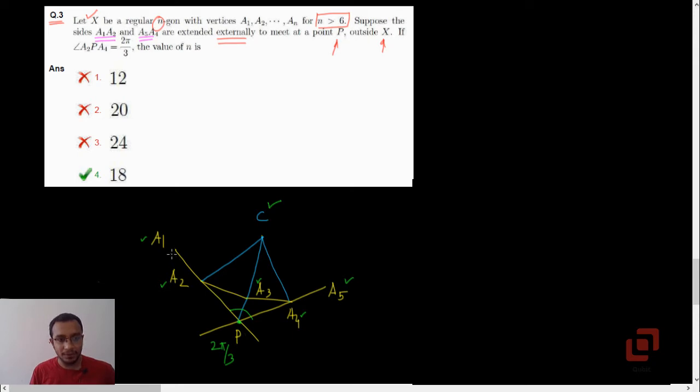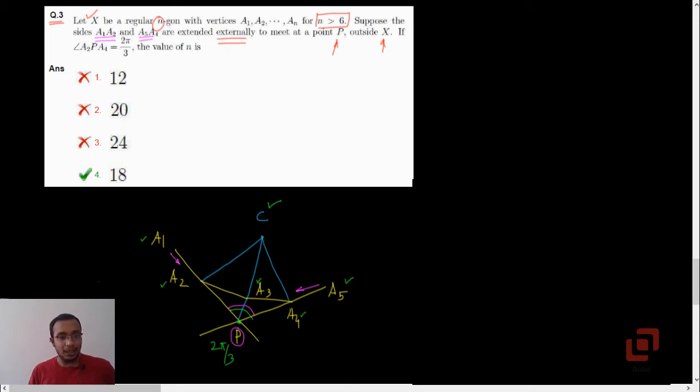So a1a2 has to be extended in this direction and a5a4 has to be extended in this direction, and they are intersecting at this particular point P, and according to them the angle a2Pa4 is 2π/3 or 120 degrees. That means this angle, which we have shown in the pink color, originally in the green color, has magnitude 2π/3. Based on this information we are required to find the number of sides.